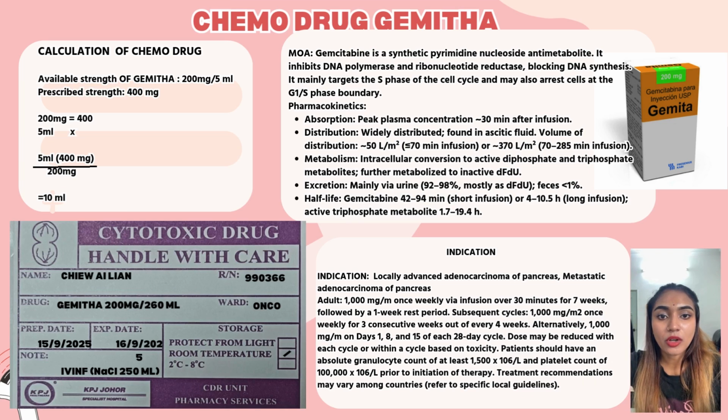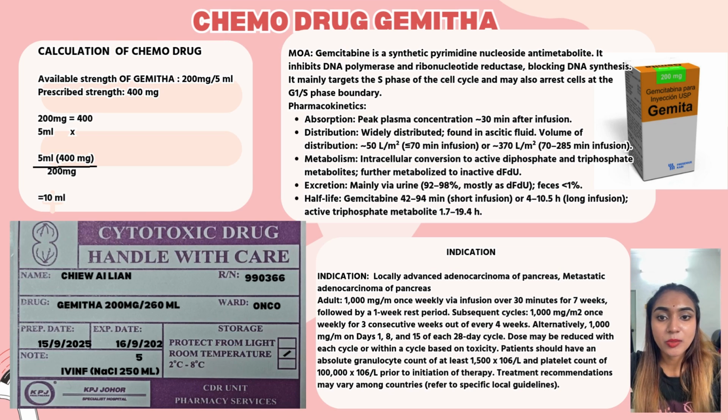Now, moving on to the pharmacokinetics. Absorption: peak plasma concentration occurs around 30 minutes after infusion. Distribution: it is weakly distributed and found in ascitic fluid. Bioavailability: 50 to 70 for a 30-minute infusion and about 370 for a 270-minute infusion.